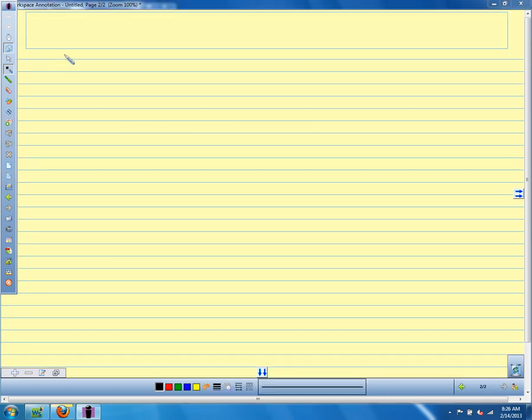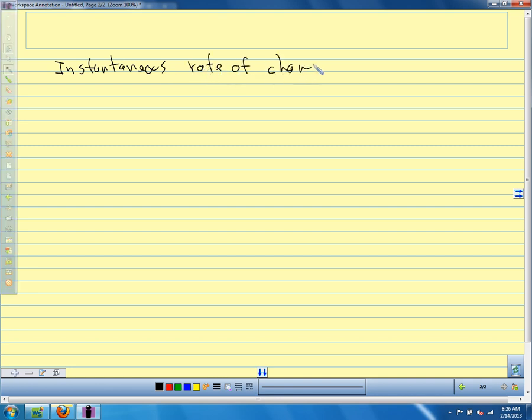So the instantaneous rate of change is the limit, and I'm being a little loose with the way we normally talk about limits, but we're looking at the limit as the length of PQ approaches 0 of f of x, y minus f of x0, y0, over the length of PQ.